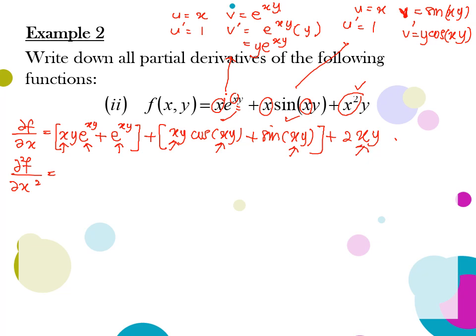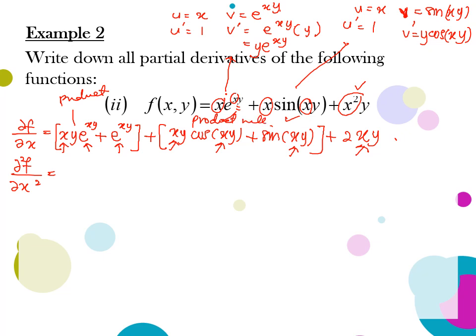So this needs to be done by the product rule. Repeat. Okay, this is fine. This needs to perform the product rule. This is fine and this is fine.